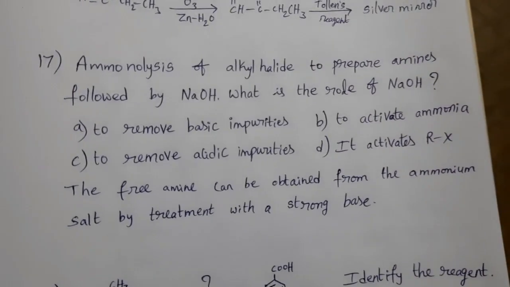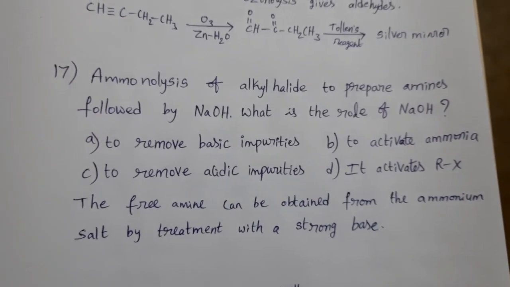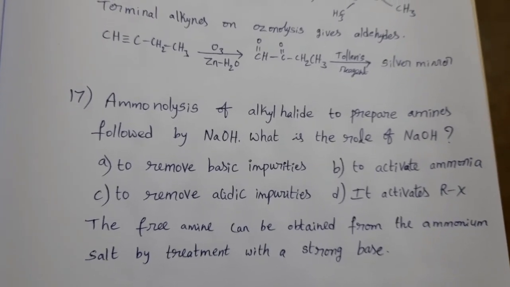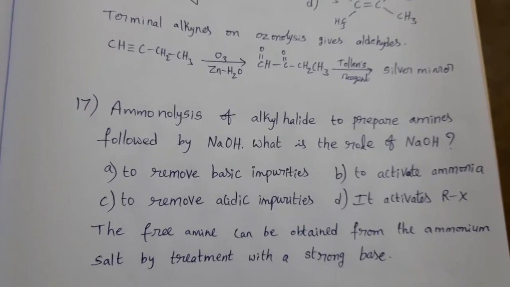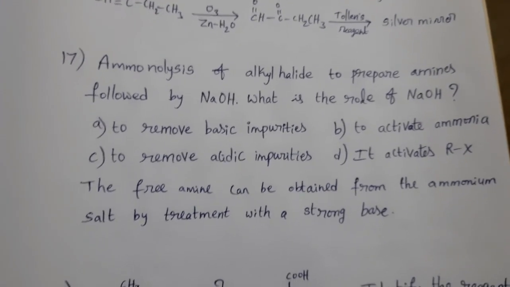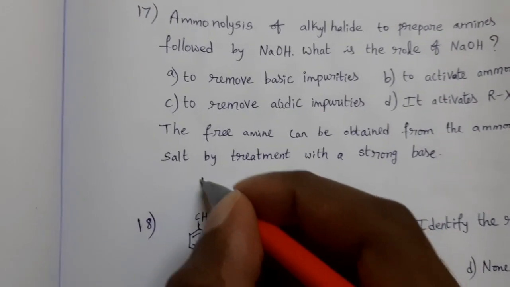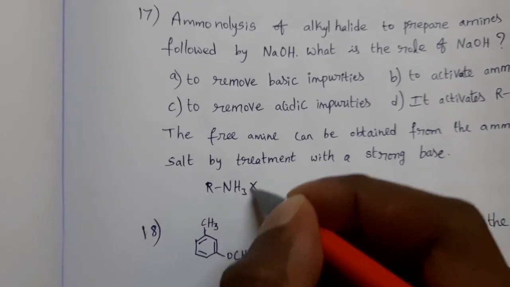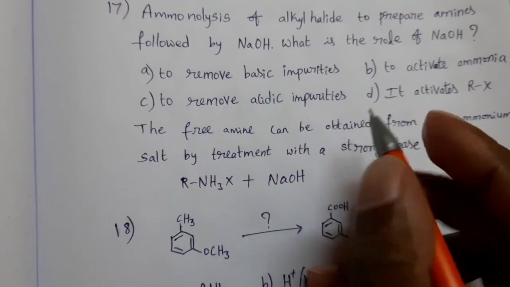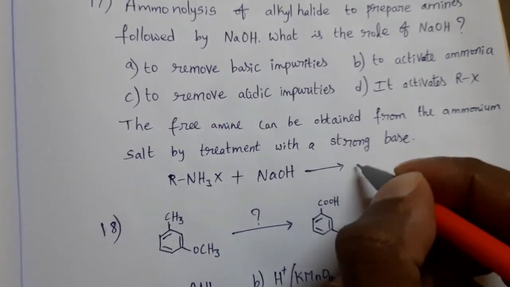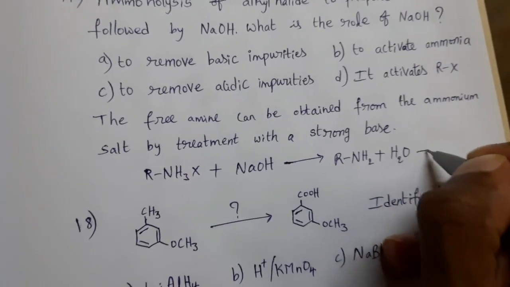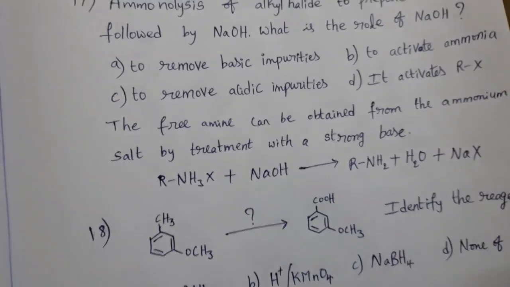In the ammonolysis process, alkyl halide reacts with NH3 to form ammonium halide. From that ammonium halide, we can get free amine by the reaction with strong base. See the general reaction for this. RNH3X plus NaOH gives rise to RNH2 plus H2O plus NaX.